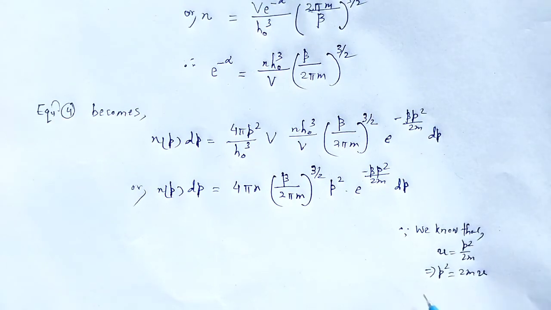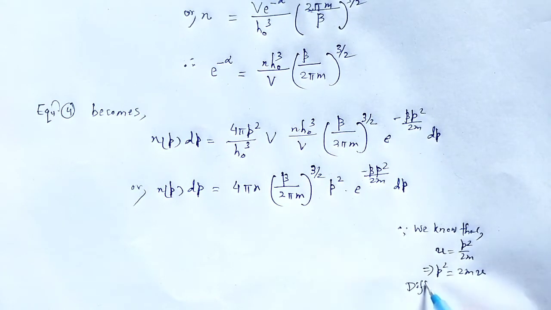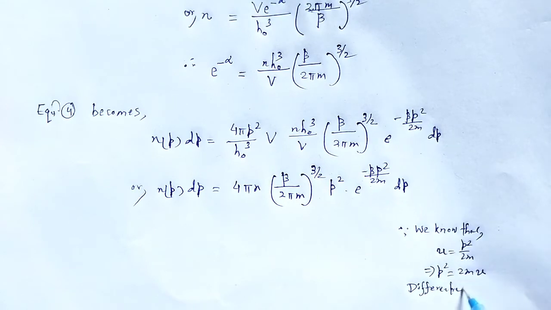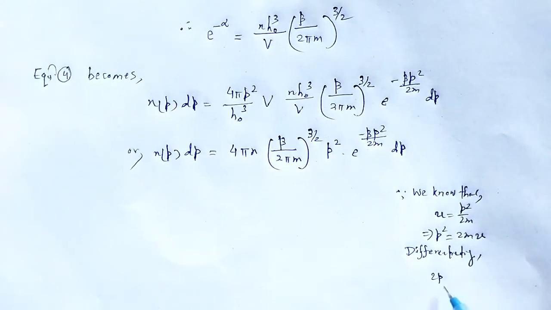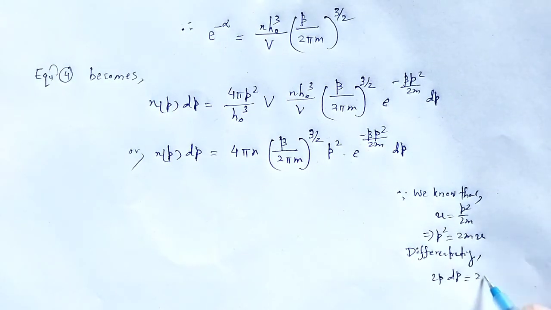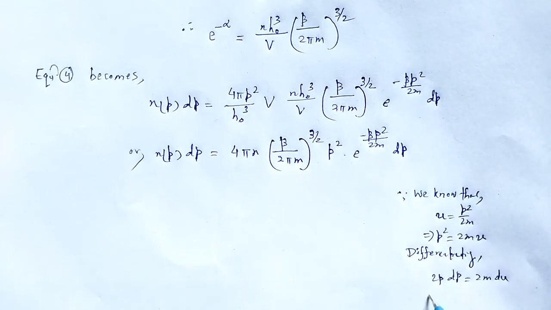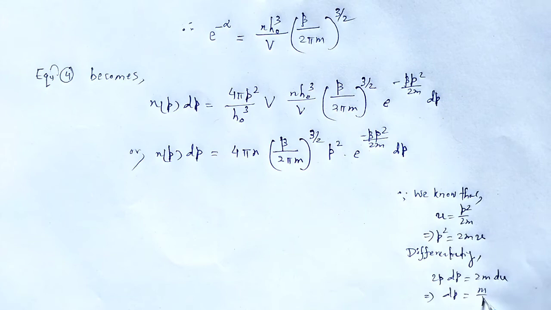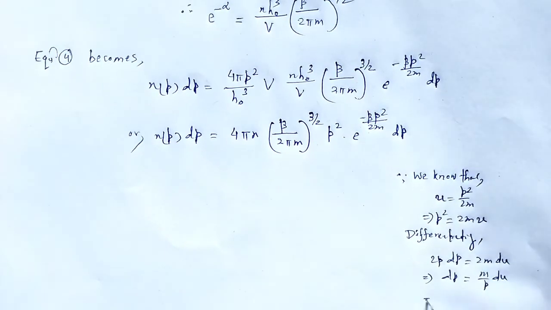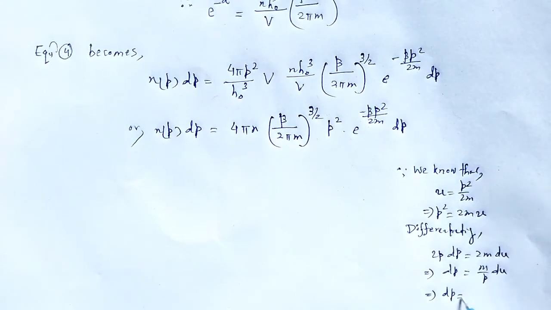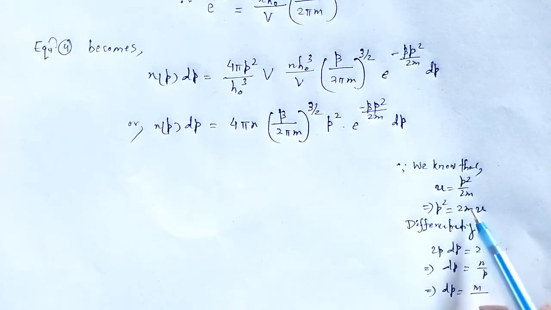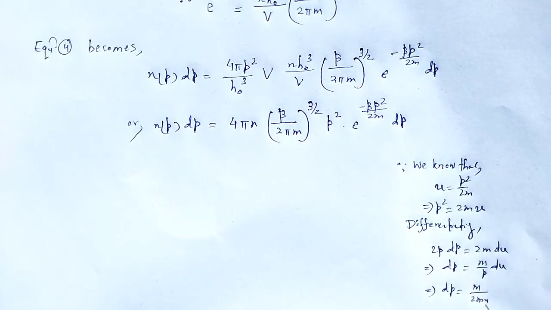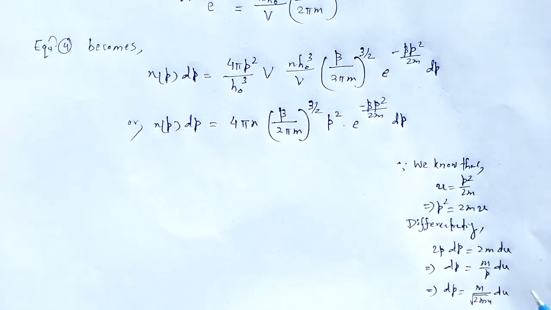Now differentiating it, we have 2p dp is equal to 2m du, which implies dp is equal to m by p du, which implies dp is equal to m, in place of p we substitute under root of 2mu, that is m divided by under root of 2mu du.